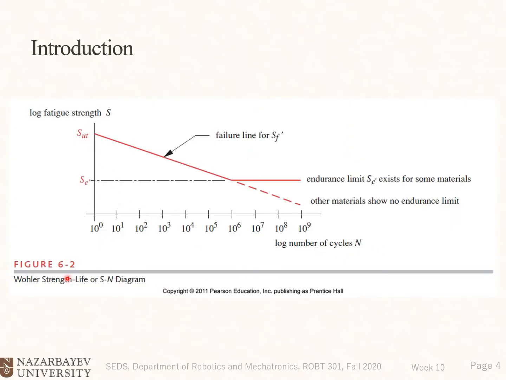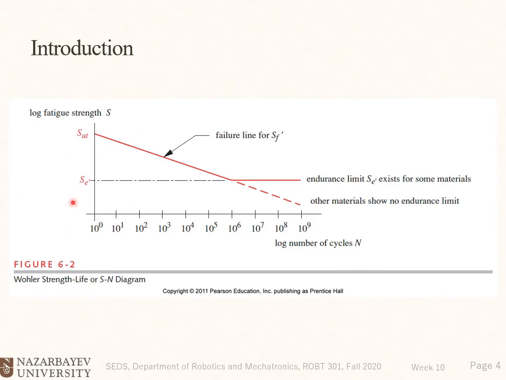Okay, so the graph you could see here is the Wöhler strength-life or SN diagram. We will discuss in the coming slides where this graph comes from, how we could develop it either experimentally or theoretically, and how we could interpret it.